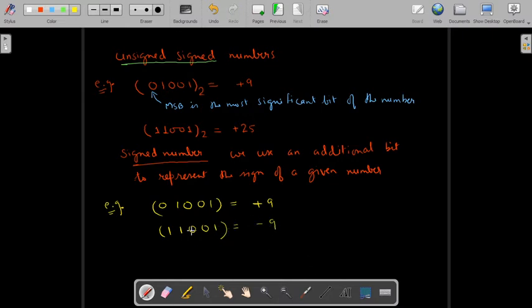Okay, so here this 0 and 1 is used to represent the sign of the number. So 0 represents a positive value and 1 represents a negative value.